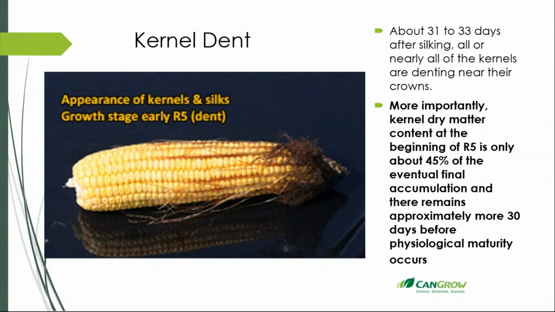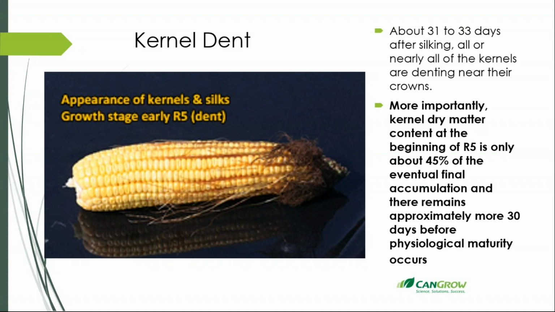More importantly, kernel dry matter content at the beginning of R5 is only 45% of the eventual final accumulation. So there remains approximately more than 30 days before physiological maturity occurs.